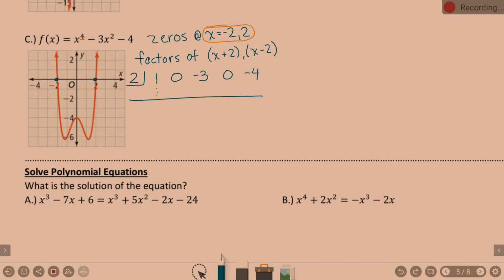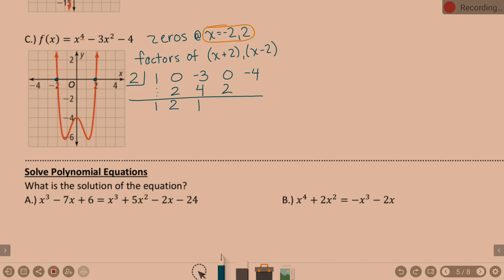Drop the 1, and then multiply. 2 times 1 is 2. Add 0 plus 2 is 2. Multiply. 2 times 2 is 4. Add -3 plus 4? 1. Multiply. 2 times 1 is 2.